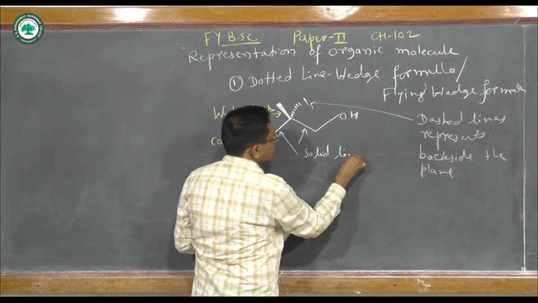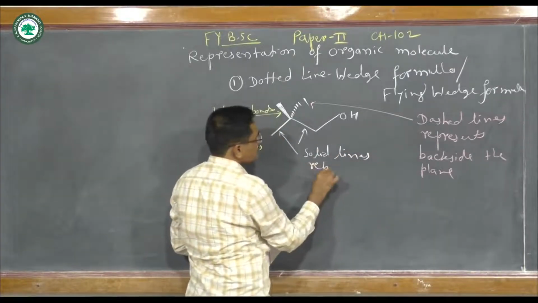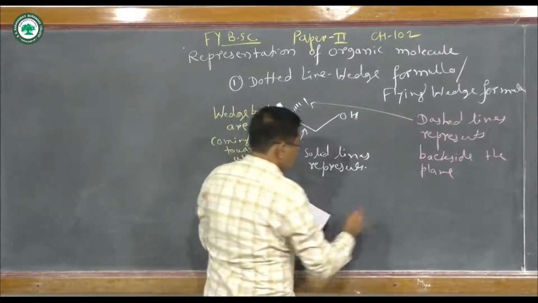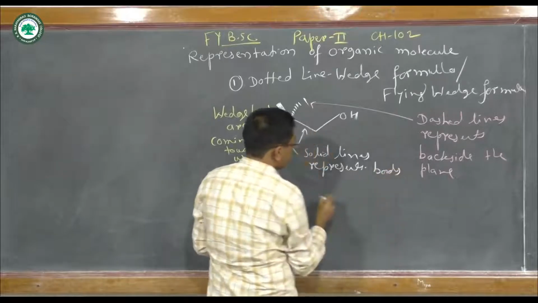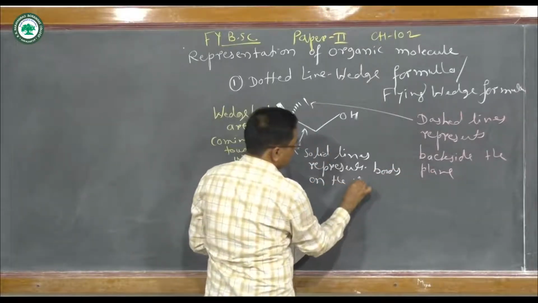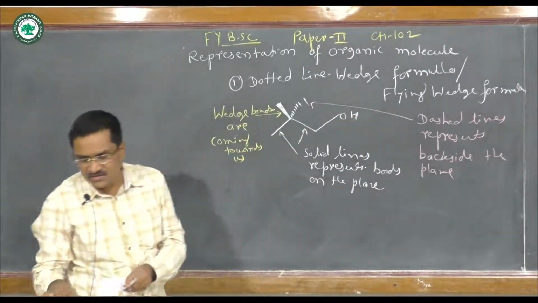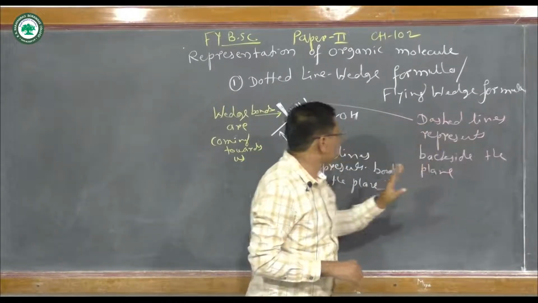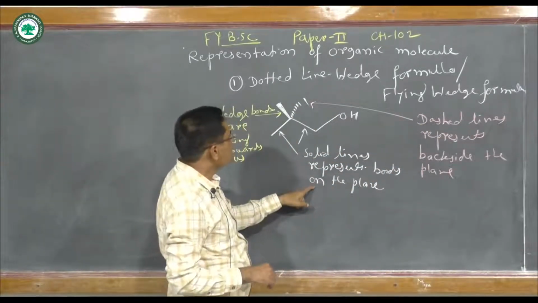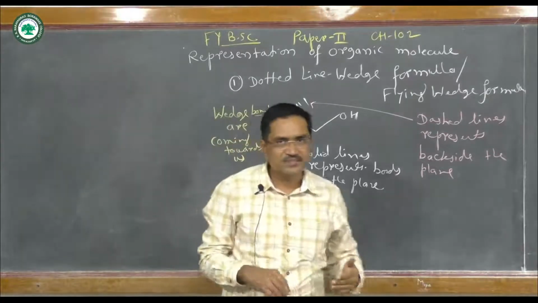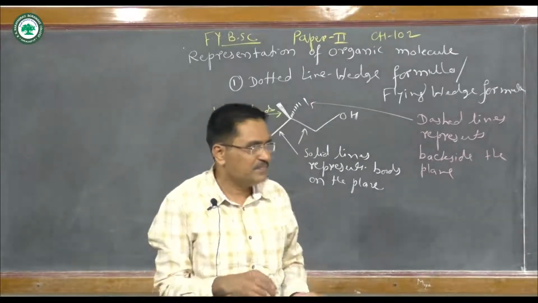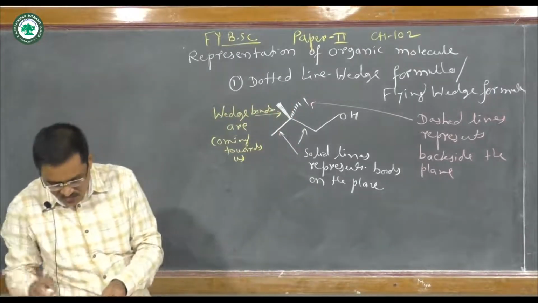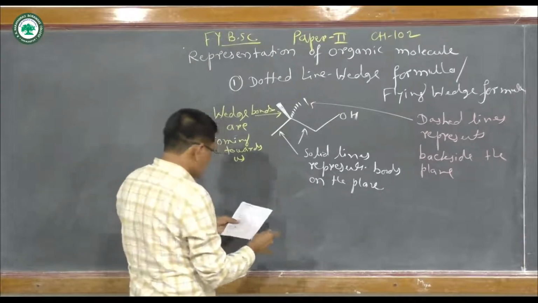So with the help of wedge bonds, dash lines and solid lines, we can present a 3D diagram as a 2D diagram, and hence this is called the dotted line wedge formula.